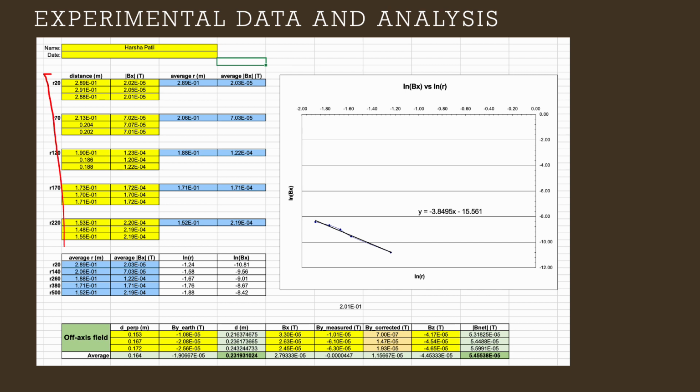On the left is the on-axis measurements, on the right bottom is the off-axis. This graph depicts the model that as the distance from the magnet decreases, the magnitude of the magnetic field increases, and this is the equation given by our graph, which is important for our calculations later.